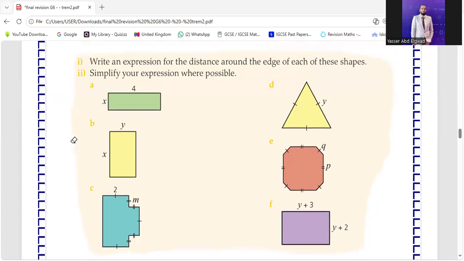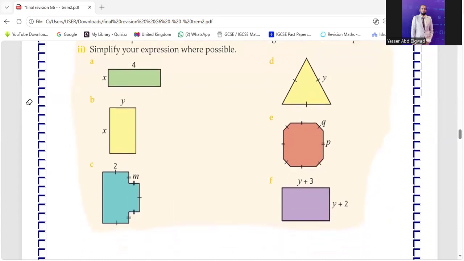The next one, here is x and here is y. You add x plus x to get 2x and y plus y to get 2y. 2x plus 2y.